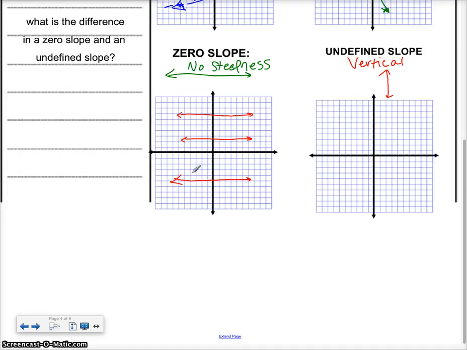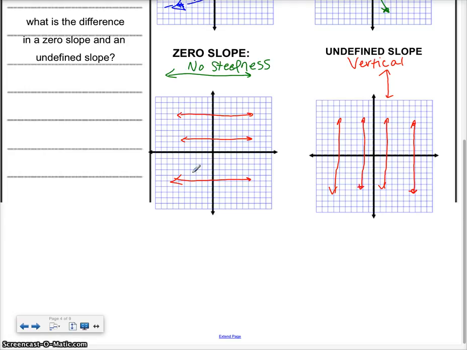You cannot ski or climb that without supernatural powers. So some examples. Whoa, it's so difficult to draw. Don't judge my lines, I know that they're not beautiful. But it's anything that is a vertical line.